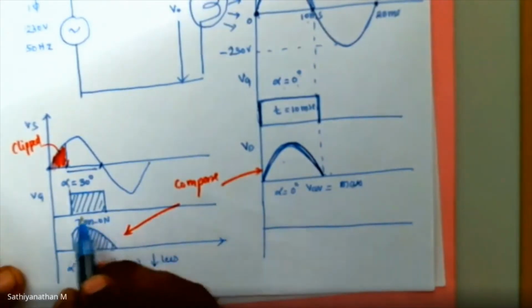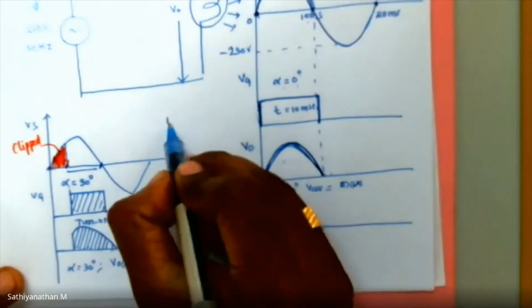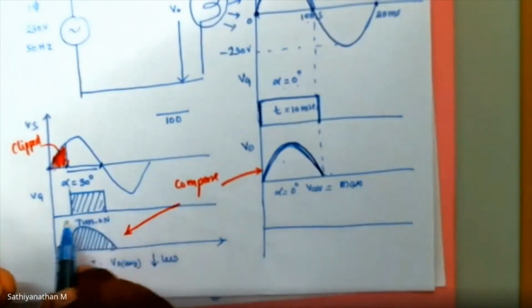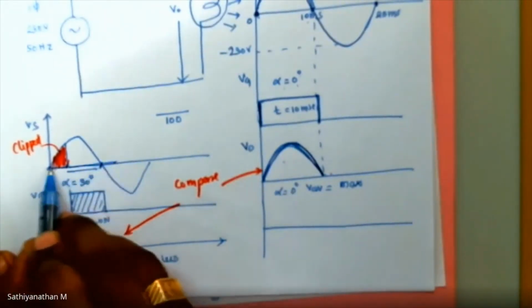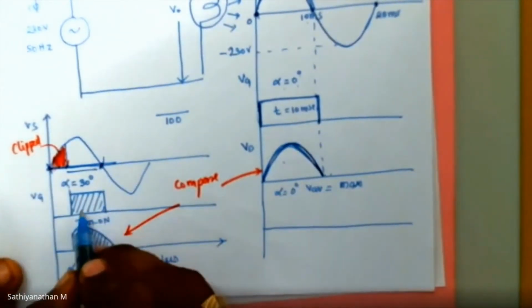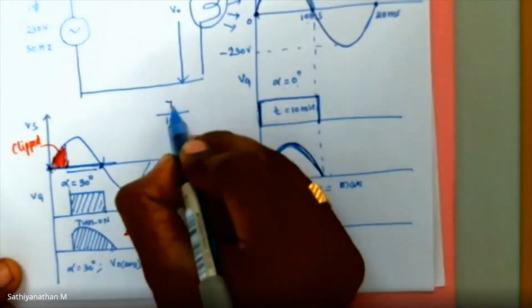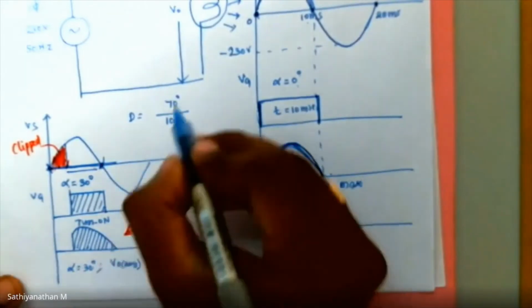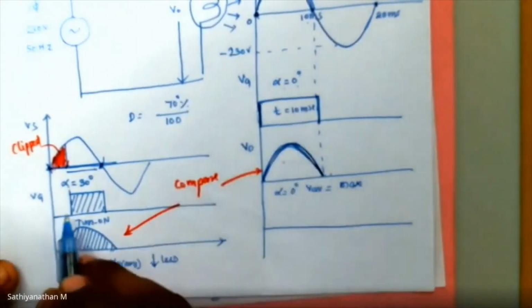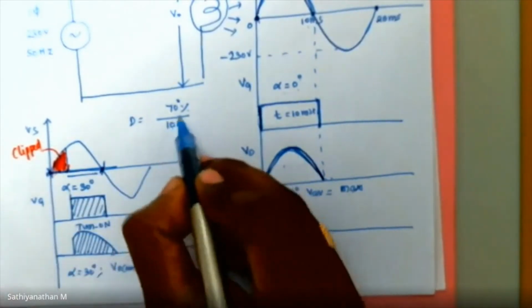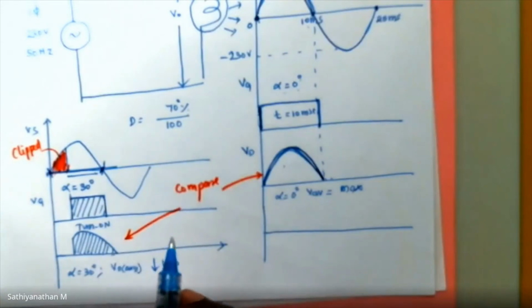If you take 100%, the device is active. If you take the entire duration, your device is active for what? 70% of your time. So this is called duty cycle. During this 0 to 10 millisecond, your device is active for 70%, right?